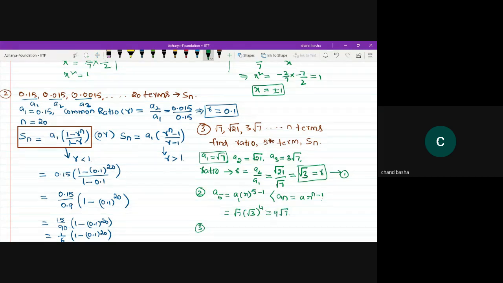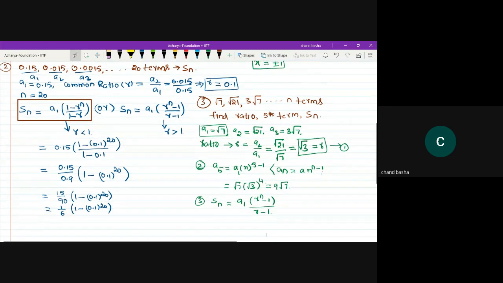Now what is asking? Sum of n terms formula. That is A1 into... If you are observing that R value is greater than 1, so we can make use of the formula for greater than 1, that is R power n minus 1 divided by R minus 1. Sir, I don't want to use the second formula, I can fix with the first one. Yeah, no problem.